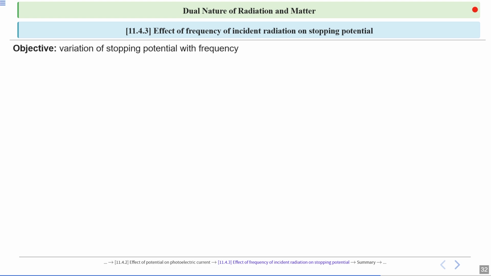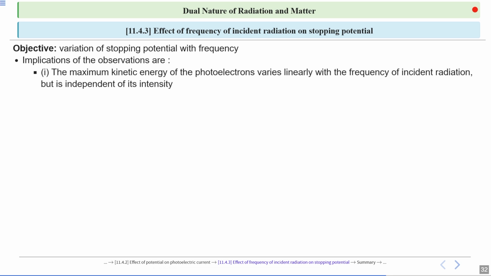Now, the implications of the observations are: first, the maximum kinetic energy of the photoelectrons varies linearly with the frequency of incident radiation, but it is independent of its intensity. This means if we use light with a higher frequency, the ejected electrons have more energy.